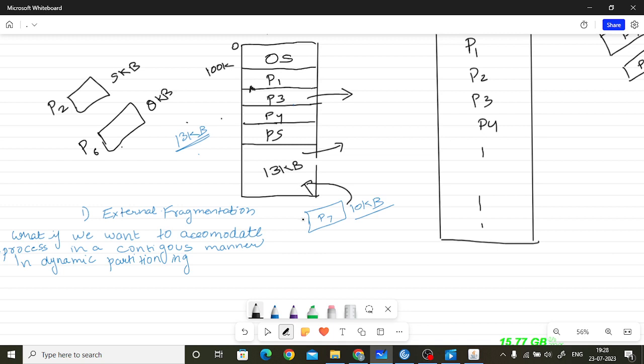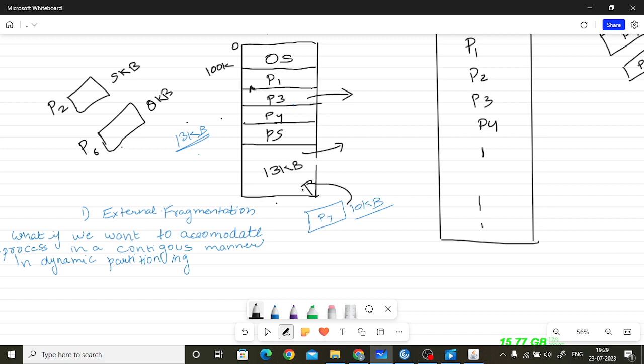Okay, what we have done, we have moved the processes into one part of a memory, and we have accumulated the amount of free space in the main memory. Okay, so we can use this method, compaction.